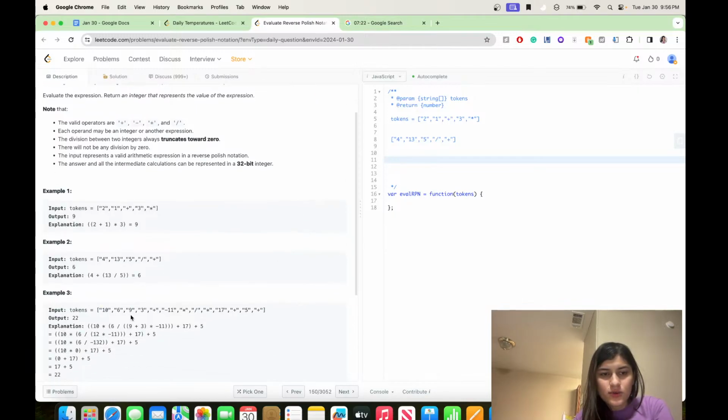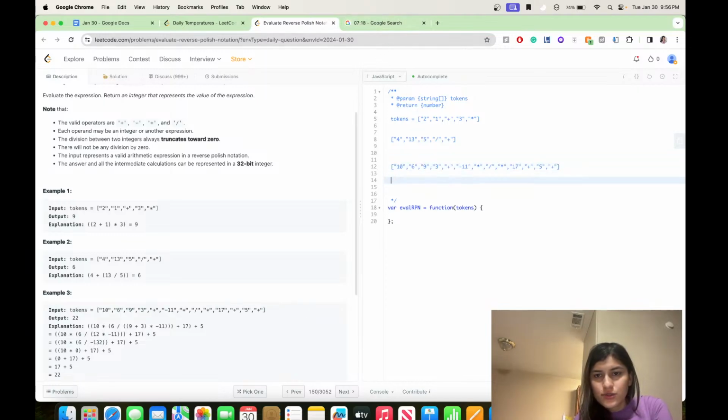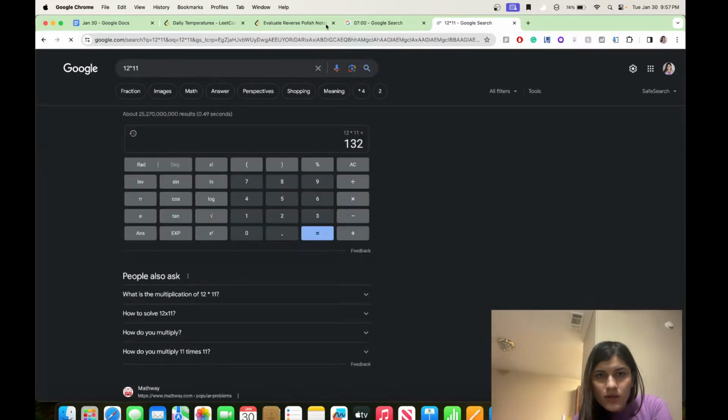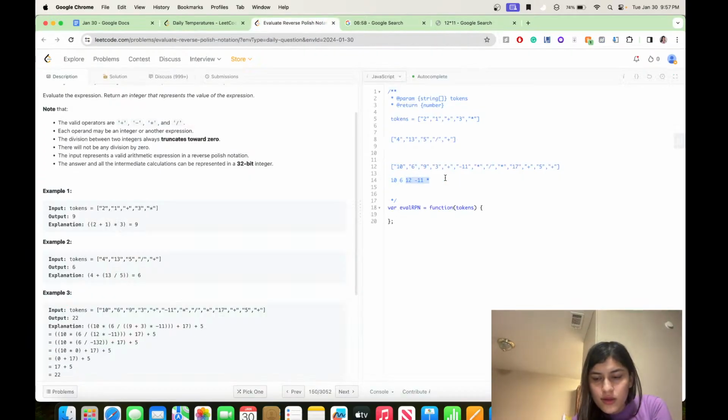And if we see this one, I only have 7 minutes left. So 10, 6, 9, 3 and plus sign, right? So 9 plus 3 is 12. Then plus, and then minus 11 and multiply, right? So 12 multiplied by minus 11 is minus 132.